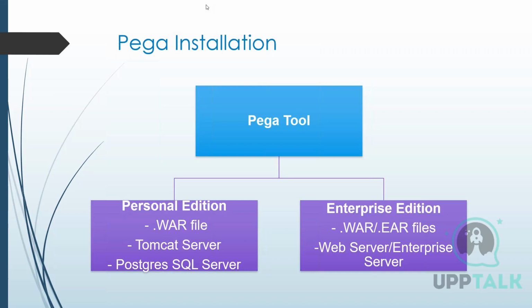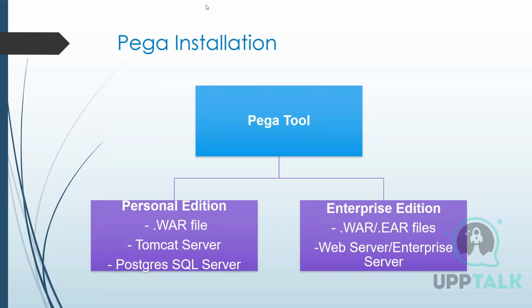Right. And also, when I say it's a web application, you definitely need a server to host the application, an application server. And also a DB server is required to manage the databases, the DB tables and stuff.